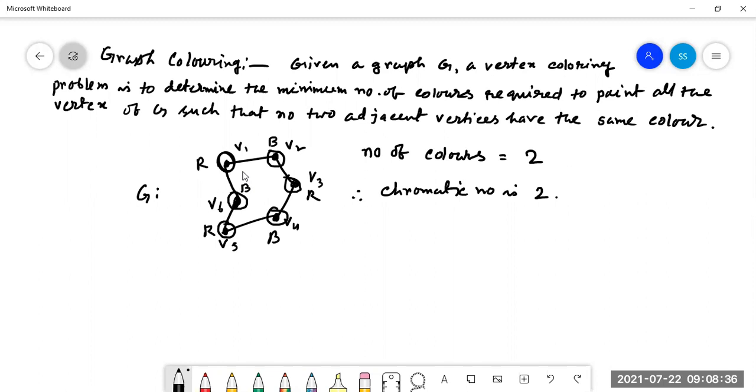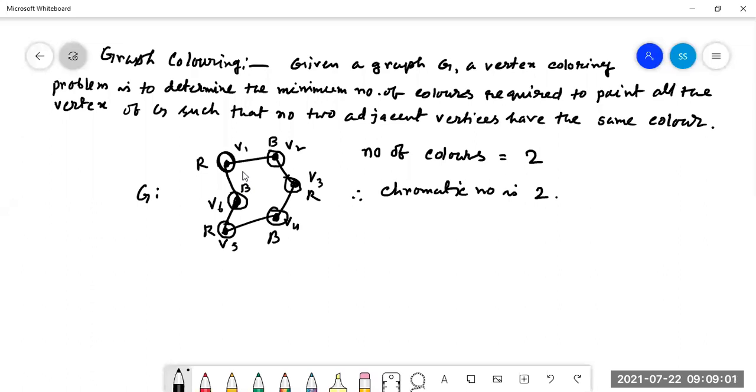They are given red. Adjacent to V3 are V2 and V4. V3 is red, so V2 and V4 cannot be red. They are blue. Again, adjacent to V4 are V3 and V5. As V4 is blue, V3 and V5 cannot be blue. They are given red.